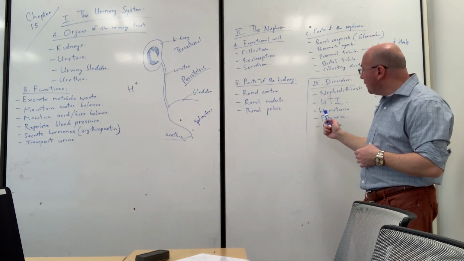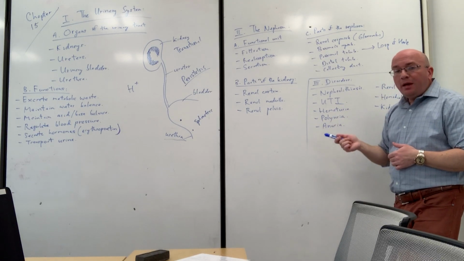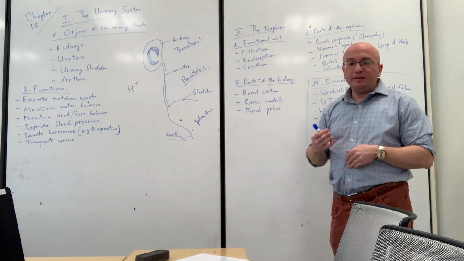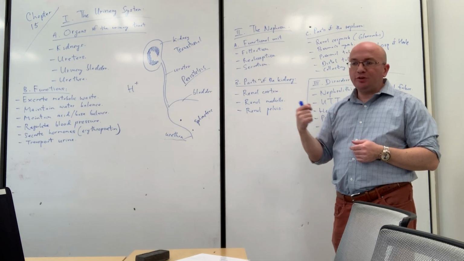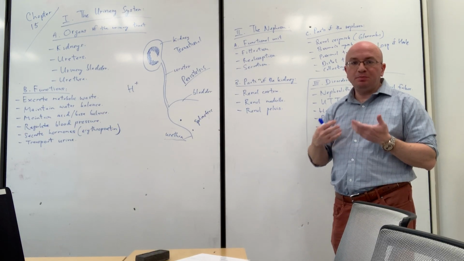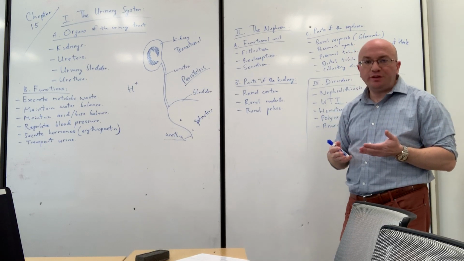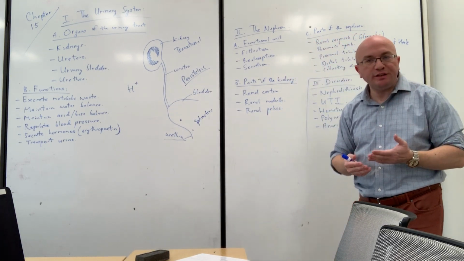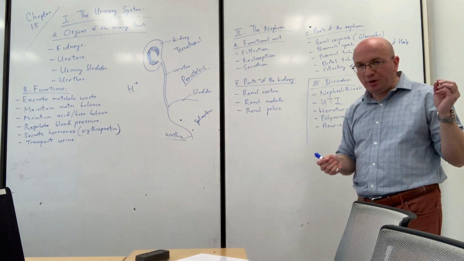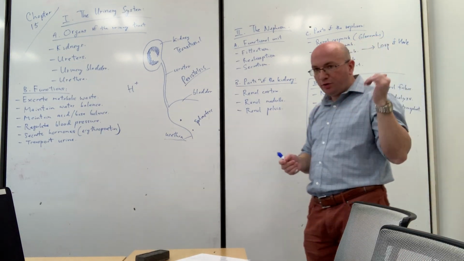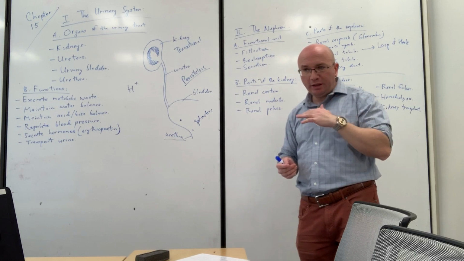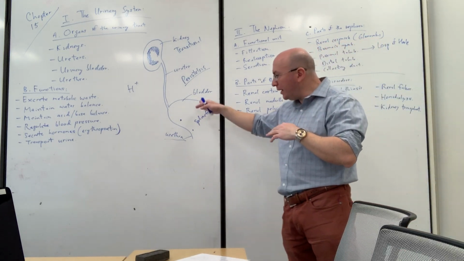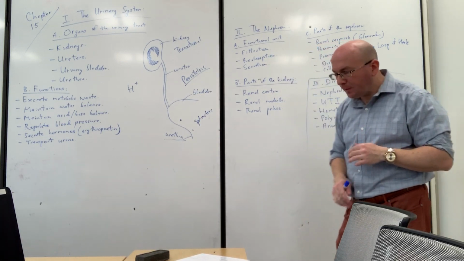In male patients, UTI is only common in cases where a catheter has been inserted or there has been some kind of surgical procedure, basically an intervention. If no interventions take place, it's very rare for a male patient to get a UTI. The reason is that the urethra is so much longer, so it's much harder for bacteria to take that path from the skin, from the outside, into the bladder or into the urethra. Okay.